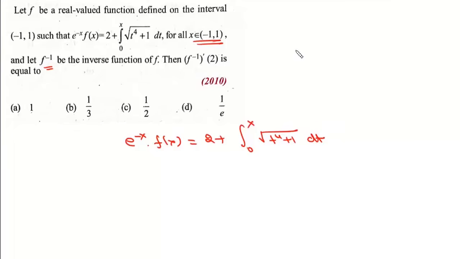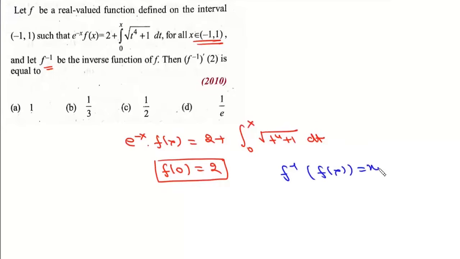Now we know that if we put x as 0, we'll get e to the power 0, and here it will be f(0), and f(0) will be simply 2. Now f inverse of f(x) is x. If we differentiate this, we can write the derivative of f inverse at f(x) into f dash x, it is 1.